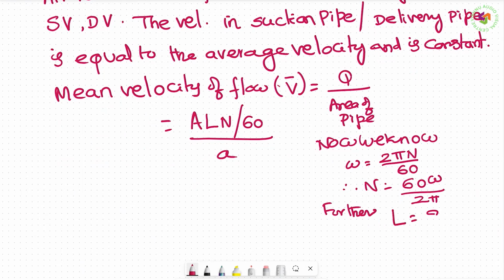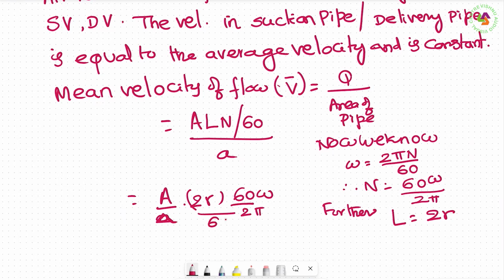Further, L is equal to 2R. So substituting, it is equal to A by a. L is equal to 2R into N, where N is equal to 60 omega by 2 pi, divided by 60.